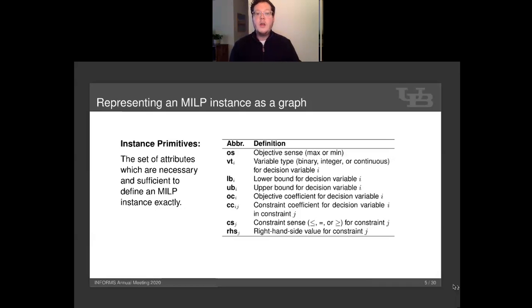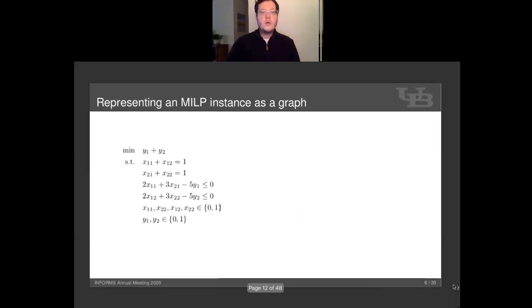For a variable, the variable type, lower bound, upper bound, and objective function coefficient. For a variable and constraint pair, the coefficient of that variable in that constraint. And for a constraint, the constraint sense, less than or equal to, or greater than or equal to, and the right-hand side value.